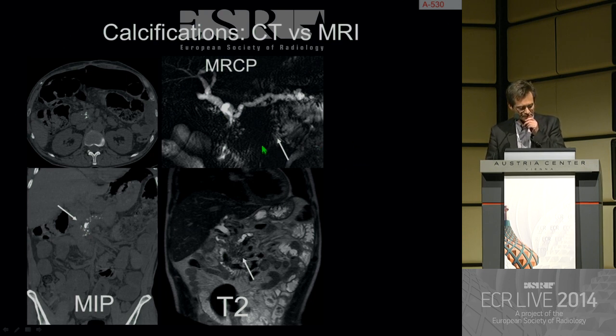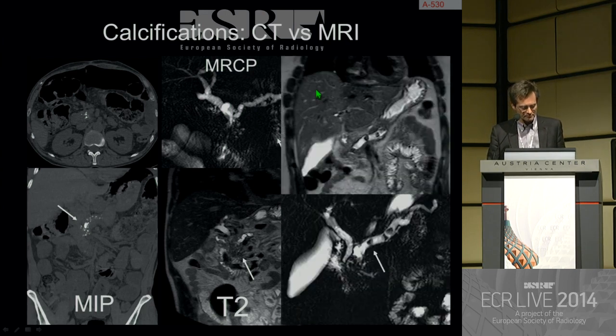And on MRCP, if you are not aware of these specific and subtle signs, you just have a decrease in signal intensity on the ducts in the head of the pancreas in this particular patient, and you may see quite nicely the ductal obstruction. Just another example, at MRCP, you can detect these calcifications very nicely if they are surrounded by fluid, and the calcifications are, in the majority of cases, intraductal.